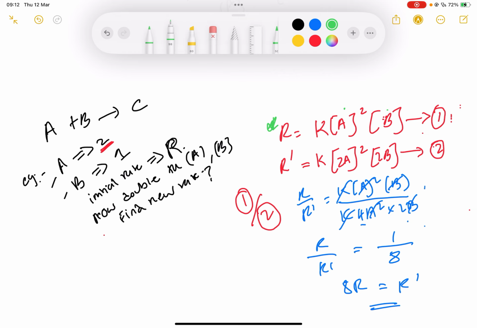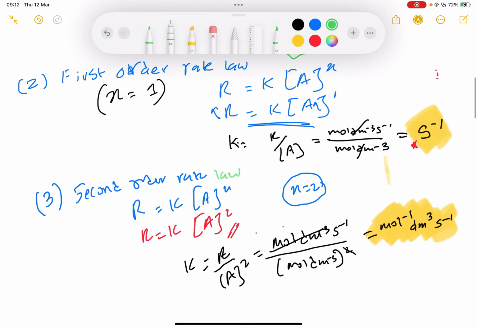Now there can be some questions telling you to find the order as well. You will have to find the order. Okay, let's see one of those now.